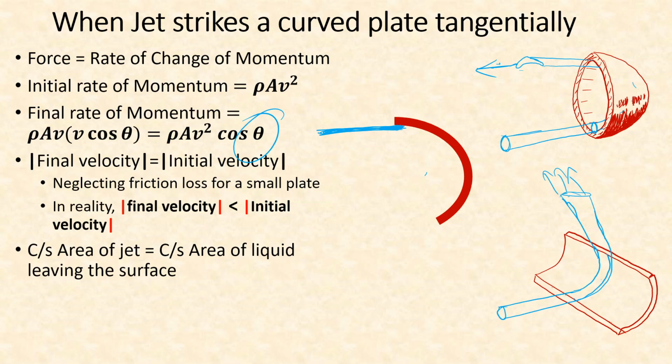And therefore also the cross-sectional area of the jet is equal to the cross-sectional area of the liquid leaving the surface, which means the circular cross-sectional area should be equal to this flattened cross-sectional area, or in this case this flattened cross-sectional area. So this area and this area are the same. Also this area and this area are also the same.